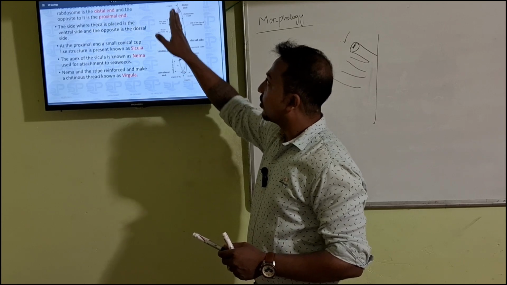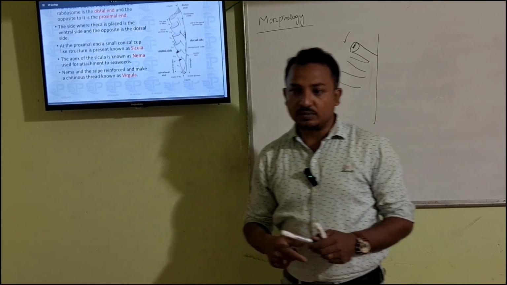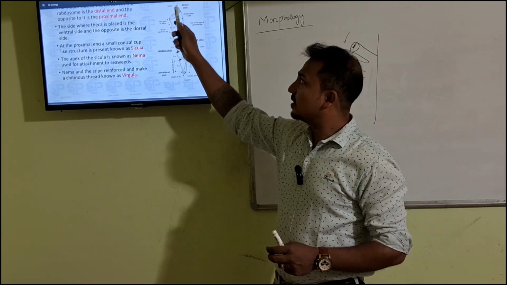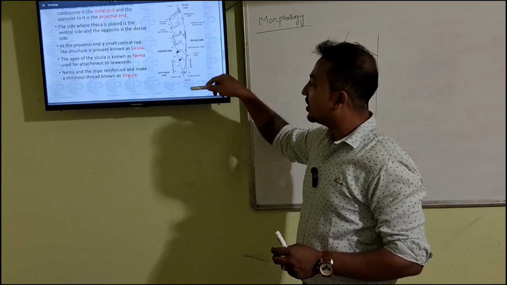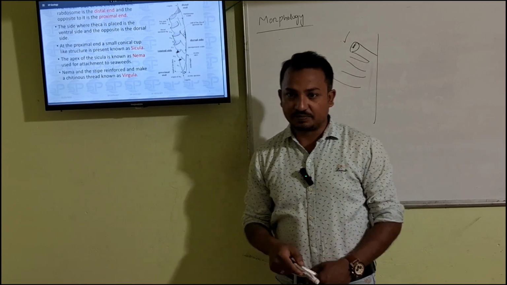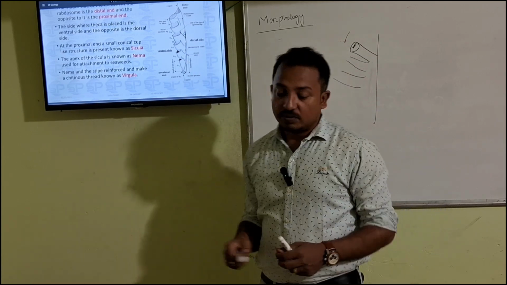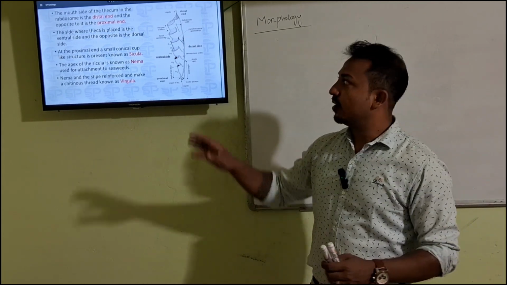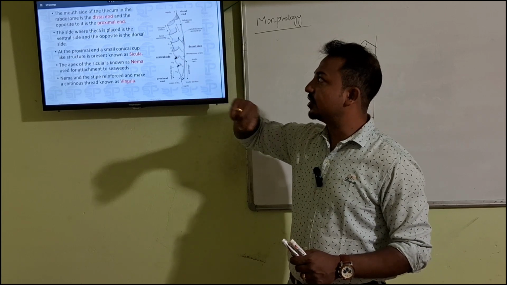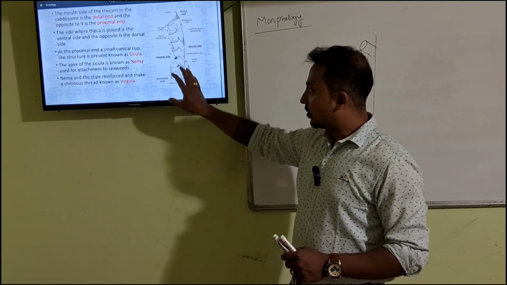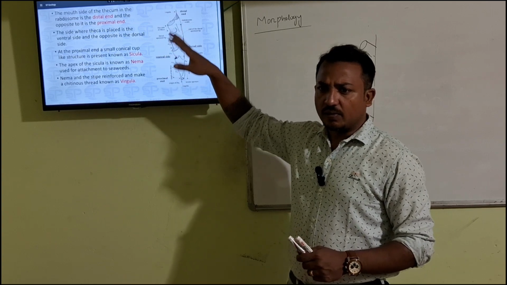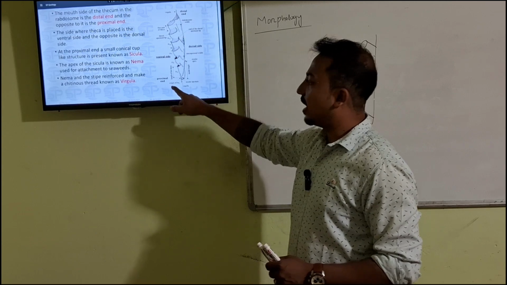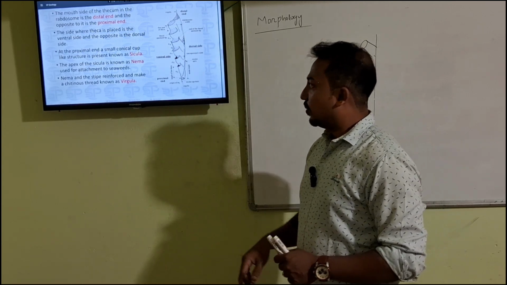The side where the theca is open, the theca pointing direction, the mouth side of the thecum, is called the distal end, and the opposite is called the proximal end.